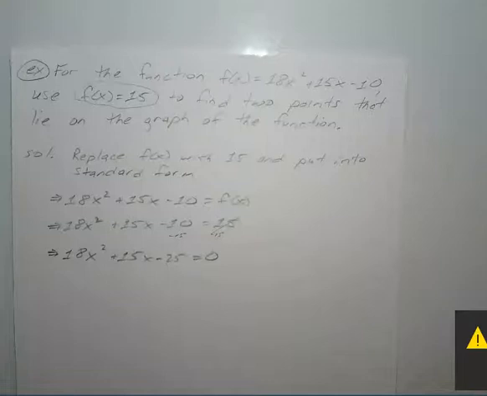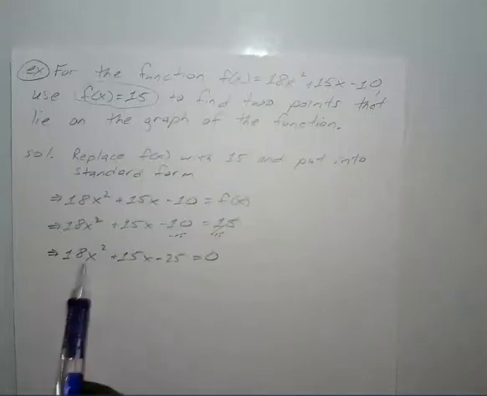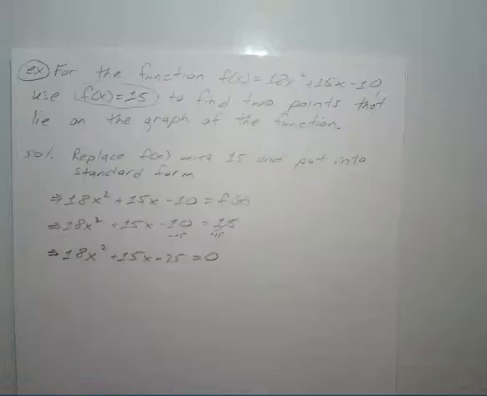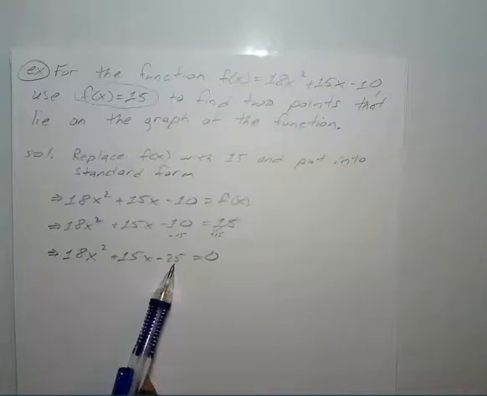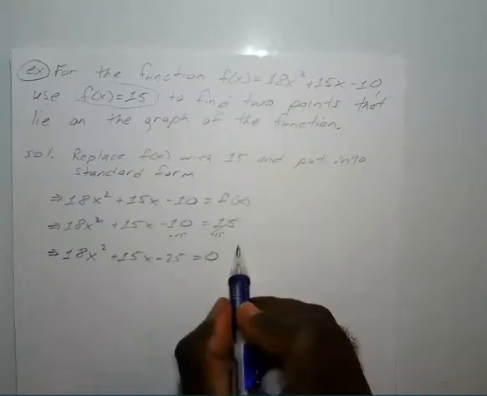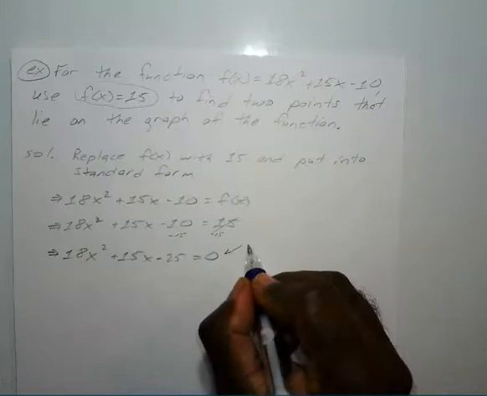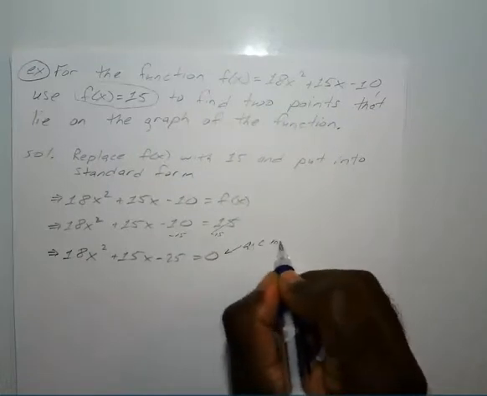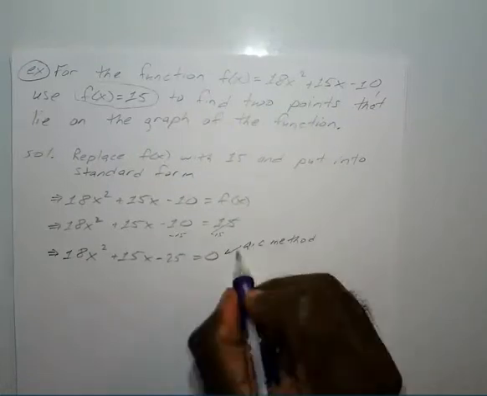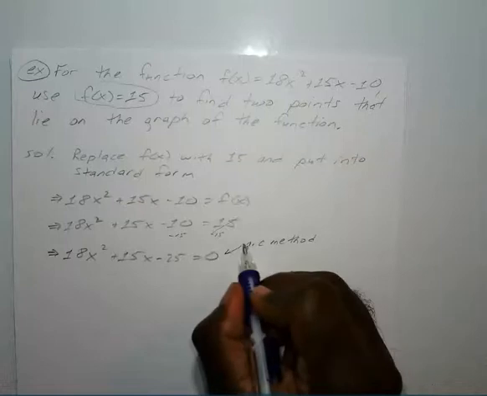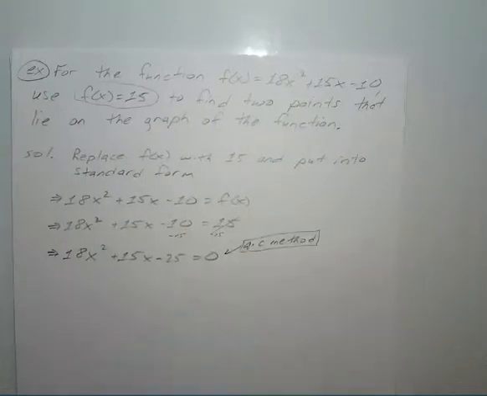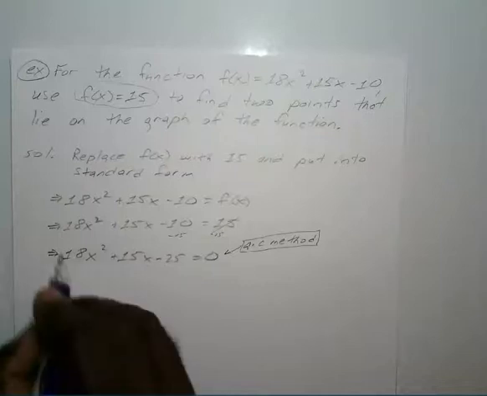Alright. So now we just have to solve this one. Unfortunately, because our values do not have a common factor, we have to use the A times C method with these pretty decent sized numbers. But it's possible.